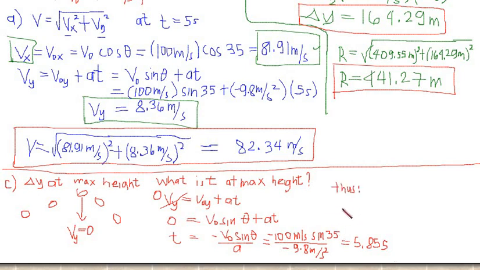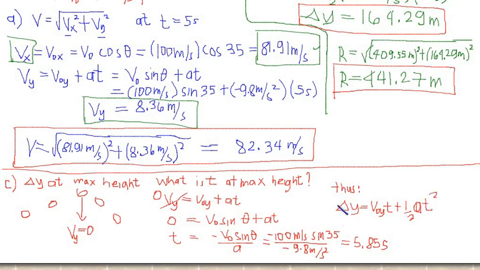So to get the maximum height, we use the time it takes to reach the maximum height. The equation we can use is delta y equals v0y t plus 1/2 a t squared.